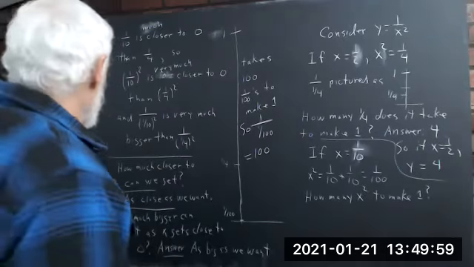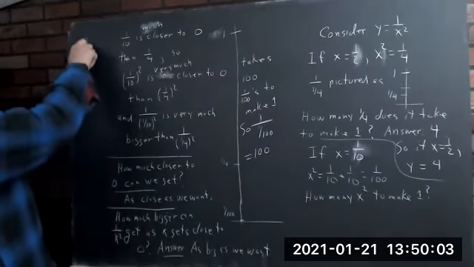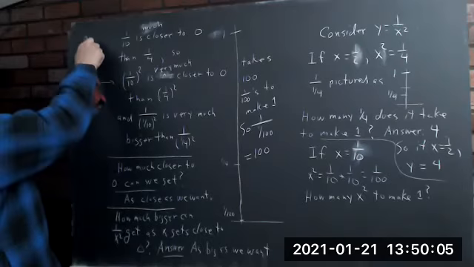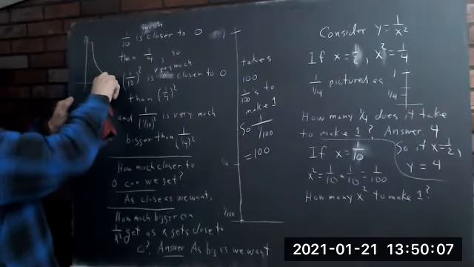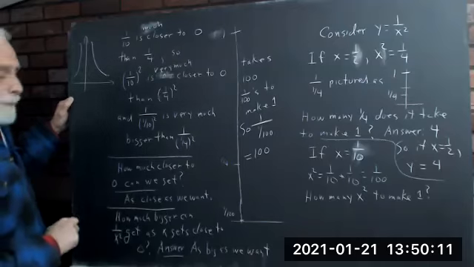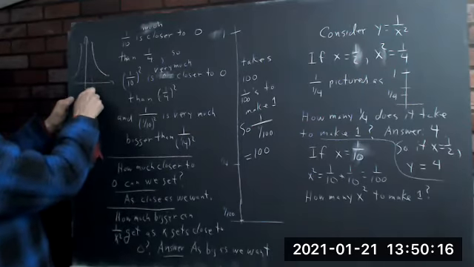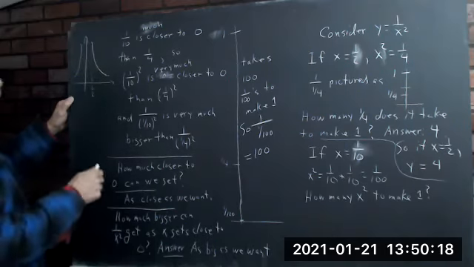And the result of this is that the graph of 1 over x squared, which in our basic function looks like this, and like this over here, has x. So here's where x equals 1/2. So x squared is 1/4.